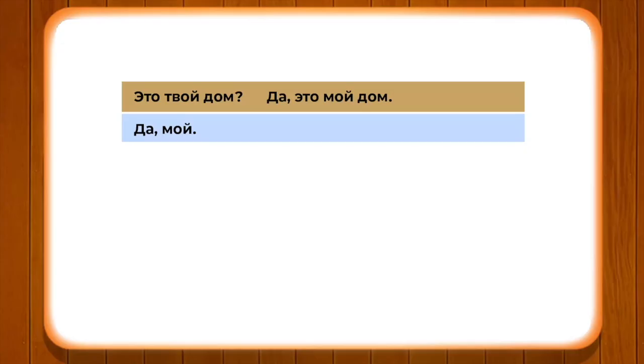So, eta tvoi dom? Okay, likewise, eta vaš drug. You have to keep this concept clear in your mind in order to ask the question with the same kind of pitch which rises at the end.